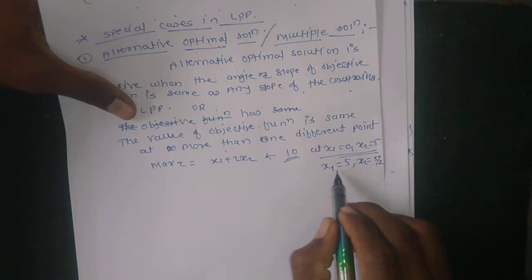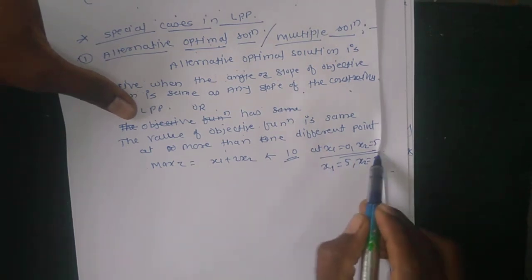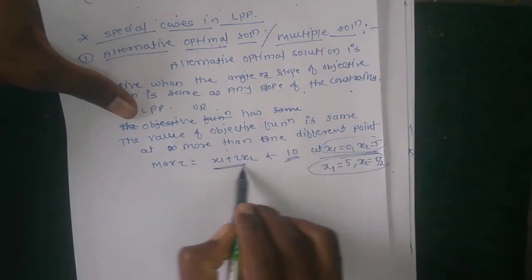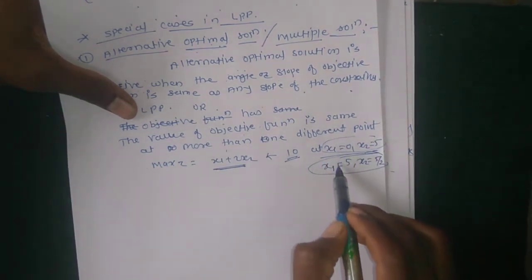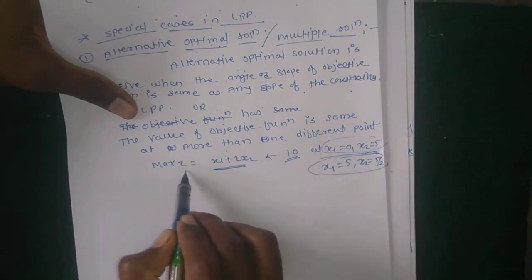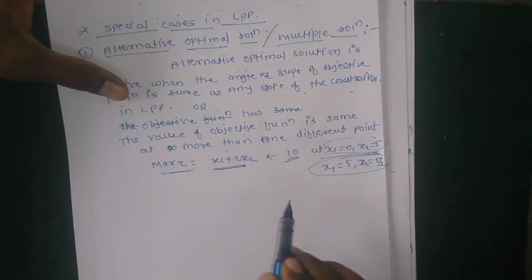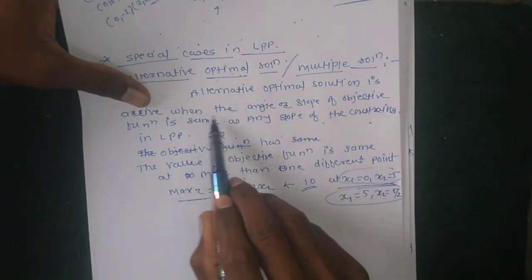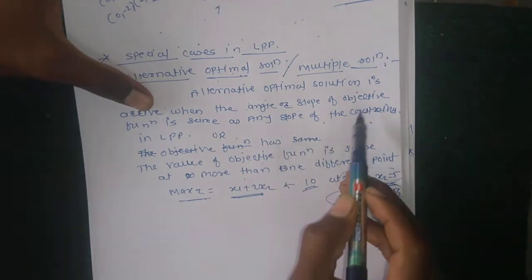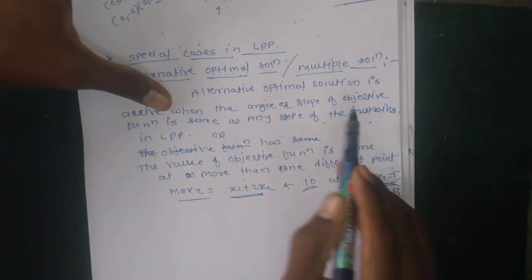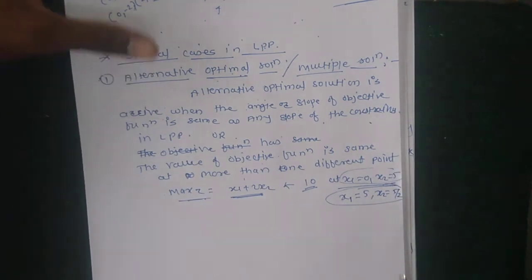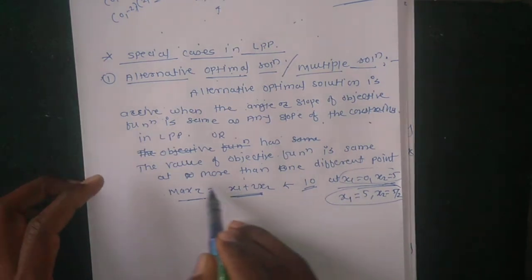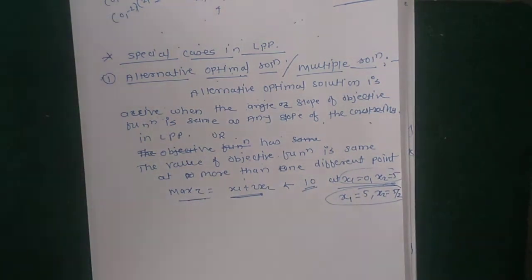These 2 points are different points, and therefore this objective function has the same value at 2 different points, and therefore this LPP has an alternative solution. Alternative optimal solutions arise when the slope of the objective function is the same as the slope of a constraint in the LPP. So this is the definition of alternative solution.